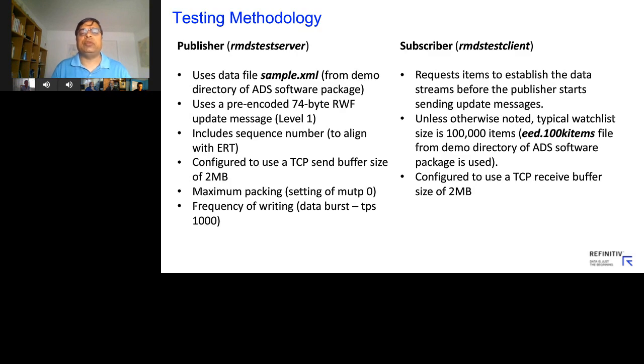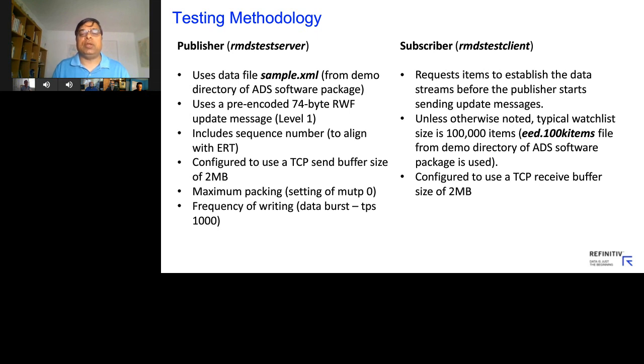So I have included some of the specifics that we use. From a test server point of view, we use the sample XML that is in the demo package of the ADS and the ADH. It uses a pre-encoded 74-byte RWF level 1 message. And then we include the sequence number to align with our Electron Real-Time. And we configure 2 meg of TCP send buffer.